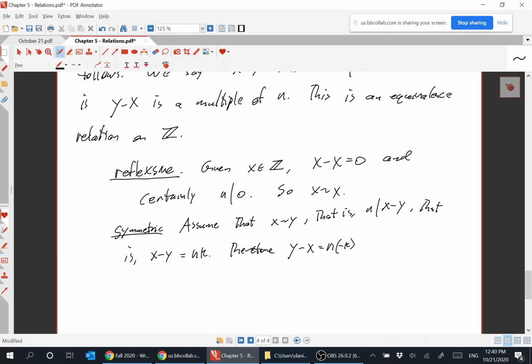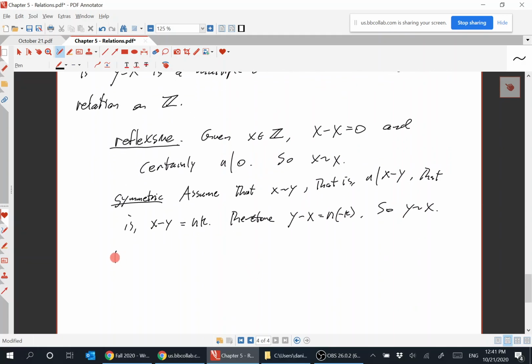It's just the negative of x minus y. When you turn around a subtraction, it just negates it. So it's a multiple of n by negative k. Therefore y minus x is n times a multiple, so y is related to x.